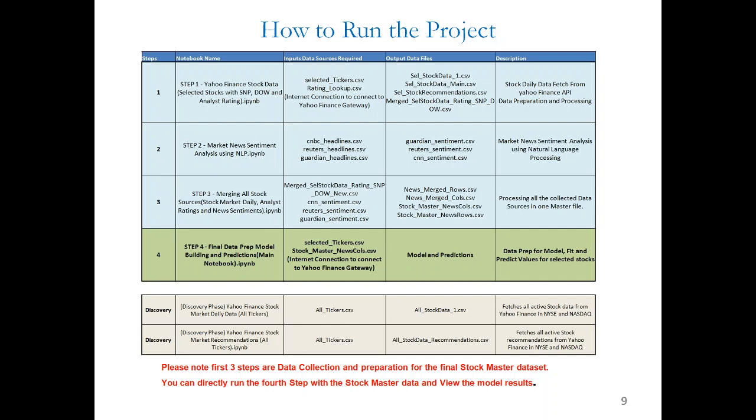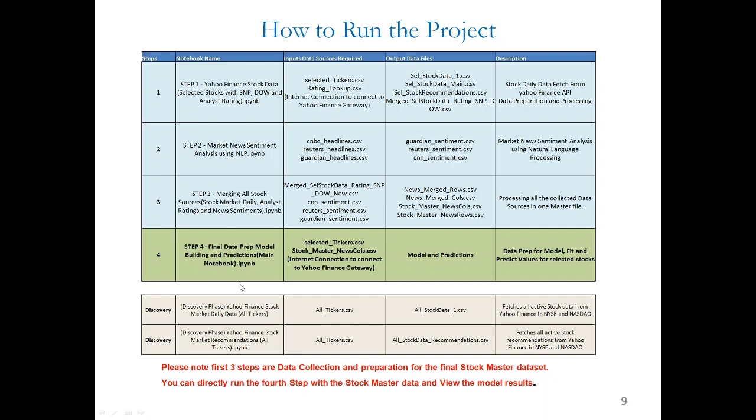This also depends on a file called ticker.csv, which contains all the tickers from the NASDAQ and the NYSE, and the output of these Jupyter notebooks would be the entire stock data and the entire stock recommendations for all tickers available for NYSE and the NASDAQ. Please note that you don't have to pre-process and run all the steps 1, 2, 3.